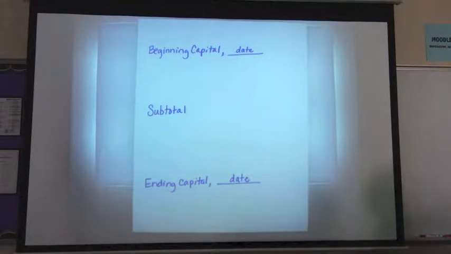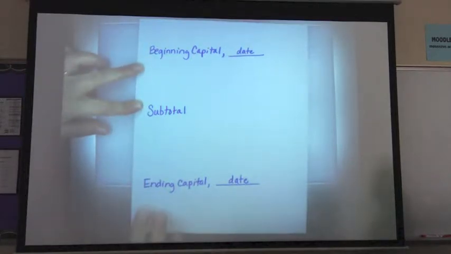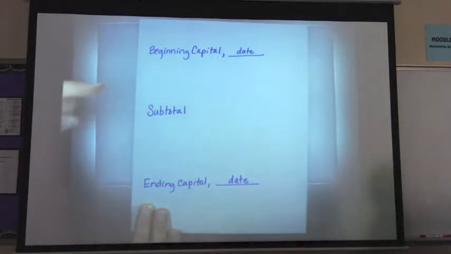Now choose a different color. Your colors may not match mine, and that's okay. In this top section, we're going to deal with things that you might add to your capital. If you recall, investments would be added to capital and revenue would be added to capital.